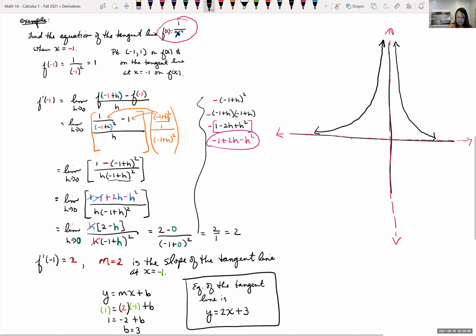If you look at this, at x equals -1, and I don't have this to scale, notice that if I draw my tangent line through x equals -1, I can see that that tangent line is increasing from left to right.